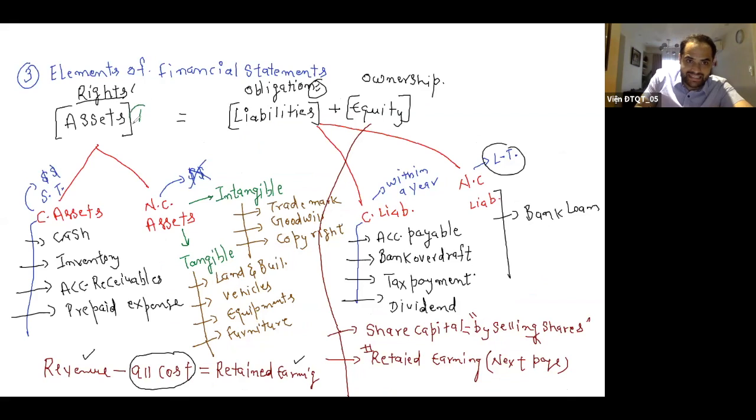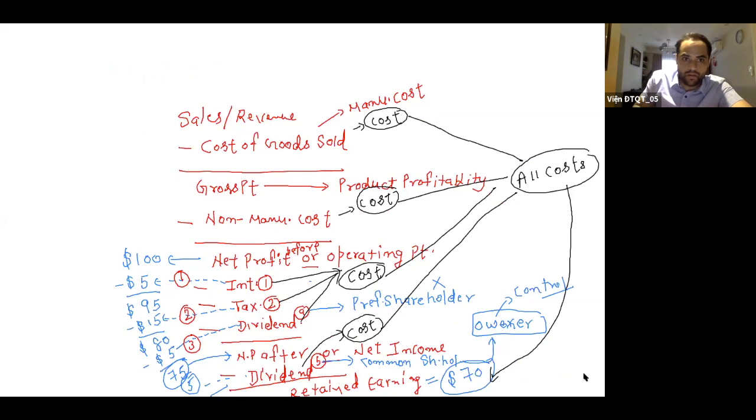One is assets, second one is liability, third one is equity, fourth one is income or profit or revenue. Revenue means income anyway.